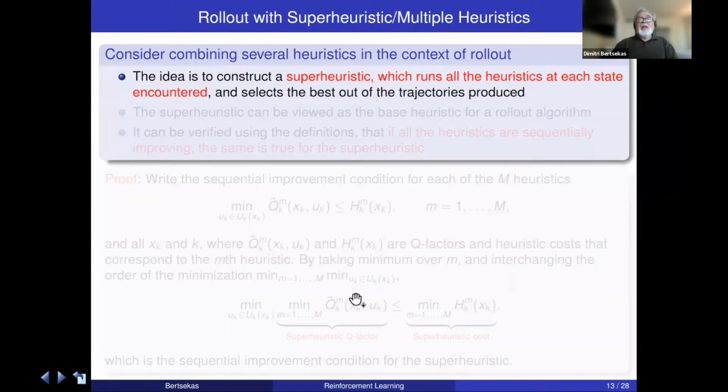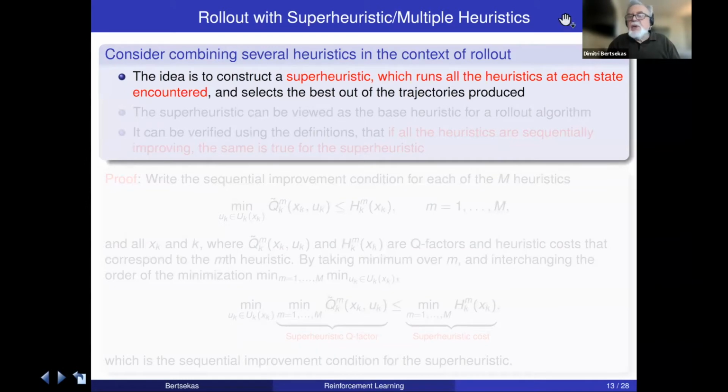Okay, here's another variation that's very useful in practice. In many practical contexts, you have multiple heuristics that seem good, okay? That they look suitable for use in the context of rollout. For example, some heuristics may perform very well from some parts of the state space, but not from others.